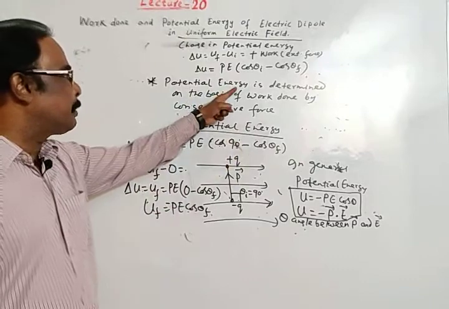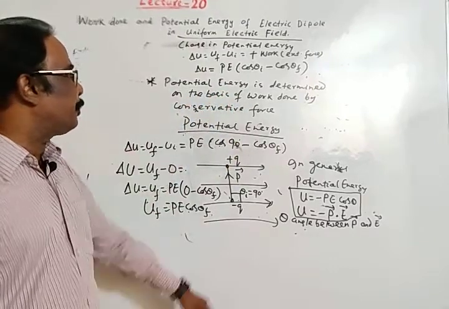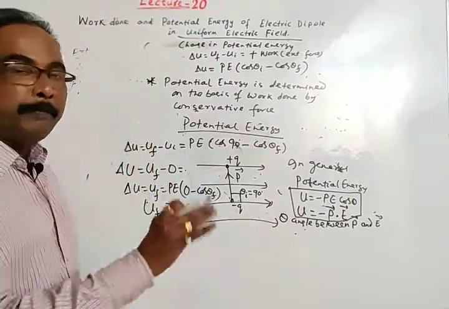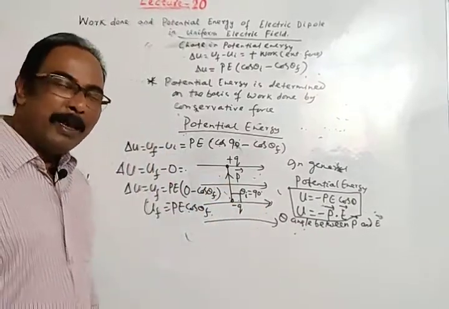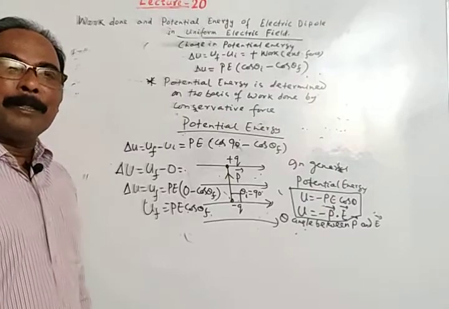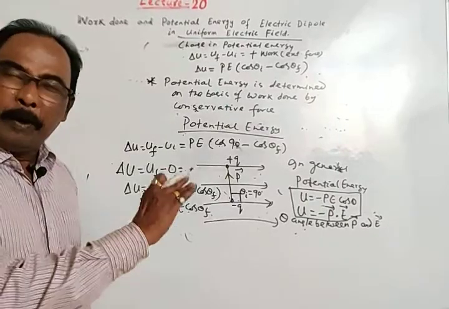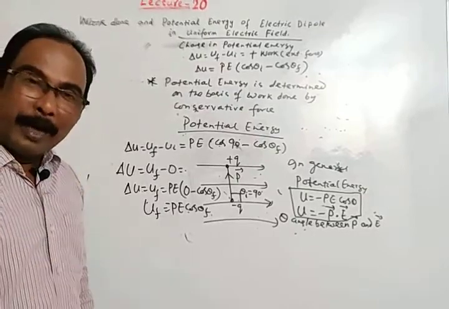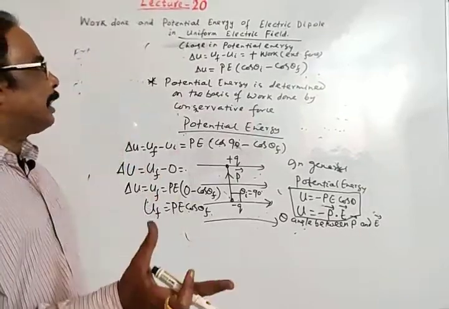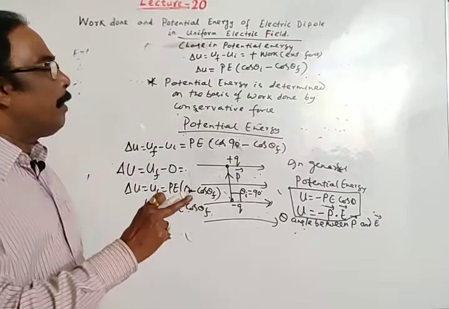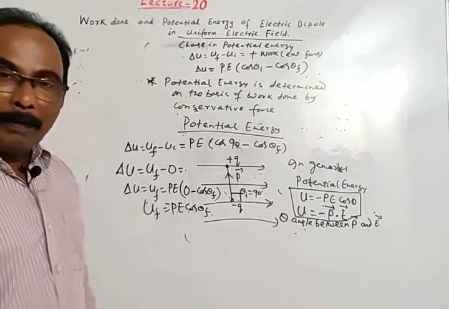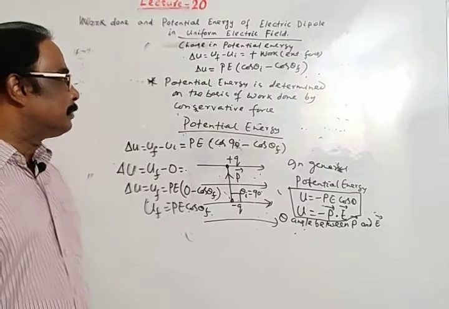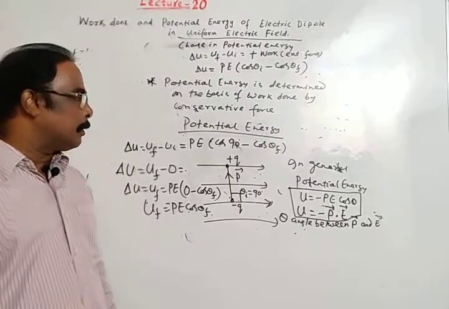As we have discussed, potential energy is determined on the basis of work done by a conservative force. This is very important. Change in potential energy is equal to positive work due to an external force or external torque. Change in potential energy is negative work due to the conservative force.